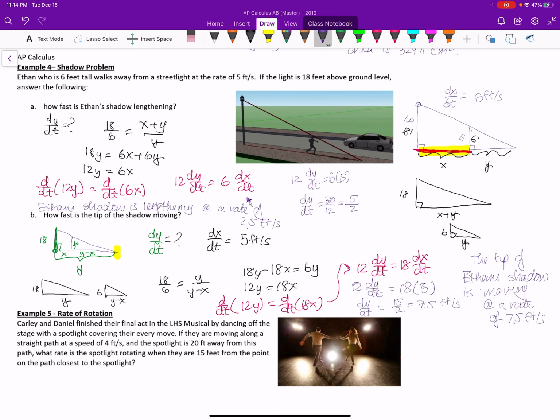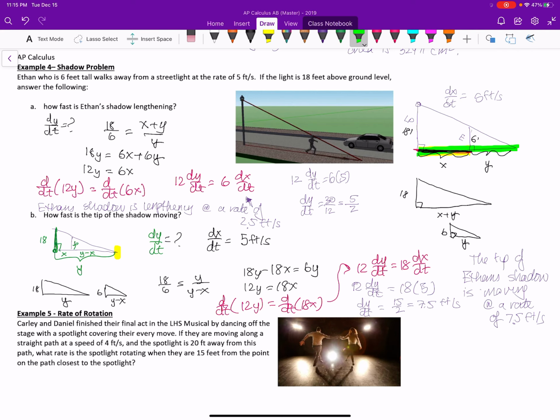Now, an interesting observation, by the way, is that the length, I'm going to draw up here in the original picture, this in green, we're concerned with how much this length is changing. Well, if I had already done part A, and they weren't two completely separate problems, right? If on a test, if it's a free response, I know that I want to see how much that green segment changes.